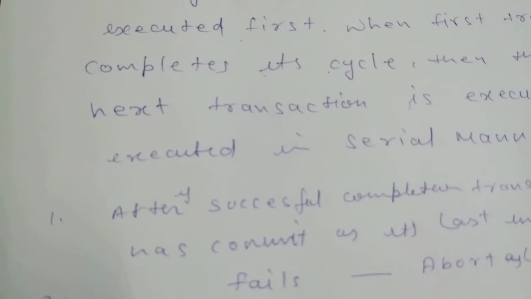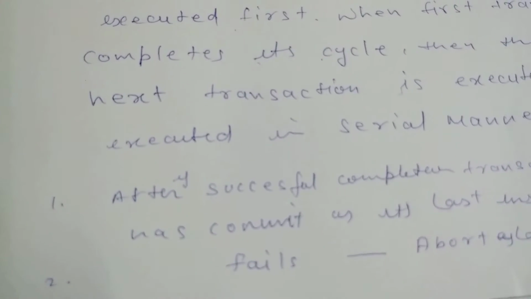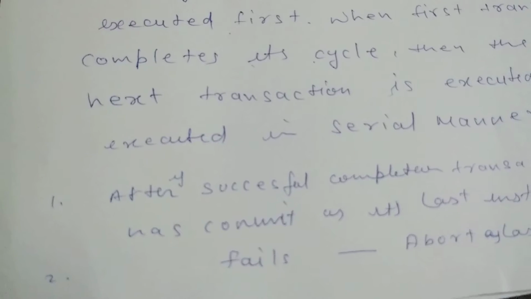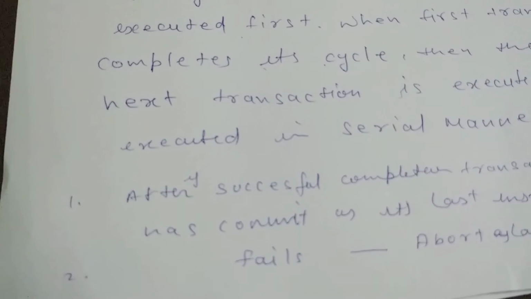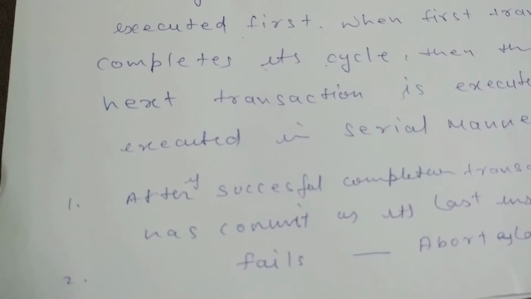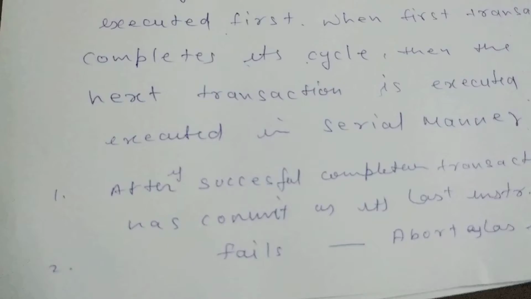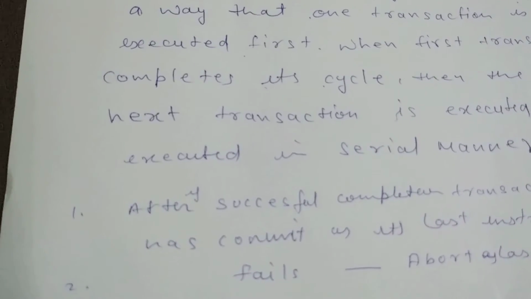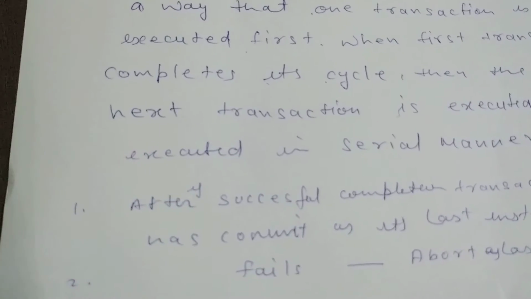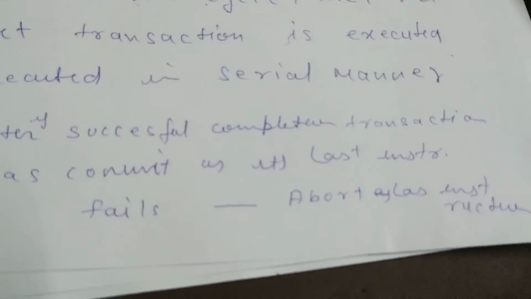A transaction that is successfully completed will have a commit instruction as its last execution statement. By default, a transaction is assumed to execute a commit instruction as its last statement.